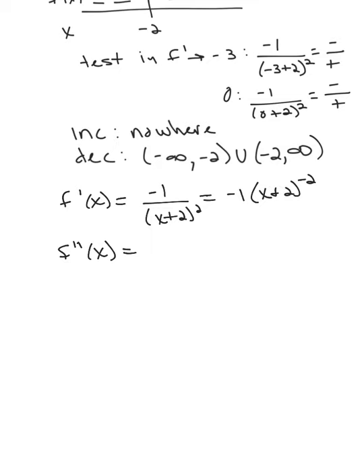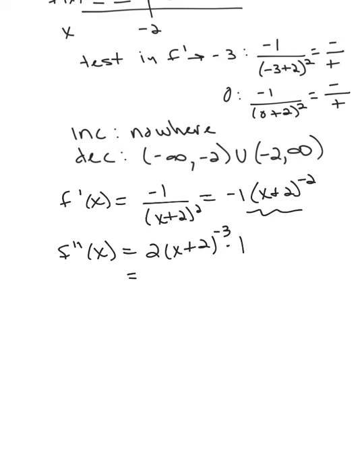For my second derivative, do the chain rule on this version. Drop the negative 2 times the negative 1. You now have positive 2. Inside stays the same. New power, we go down by 1 to negative 3, times derivative of the inside, which is 1.